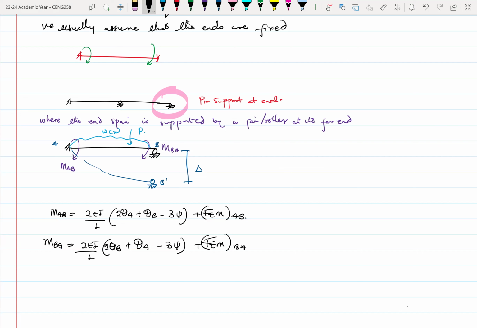Okay. But when we have one end where one end is pinned, it means that the moment at a pin or a roller end support is 0. Okay, so that much we have.